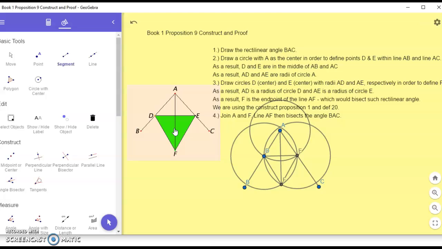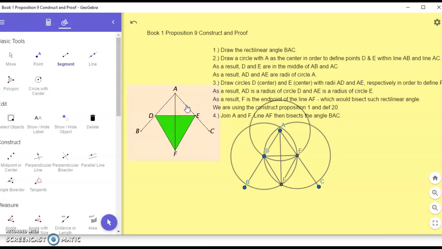So we can recall Proposition 8, the side theorem. Let's now define the three pairs of corresponding sides. The first would be the radii of circle A, so we have side AD equal to side AE. Keep that in mind. That's our first pair of sides.